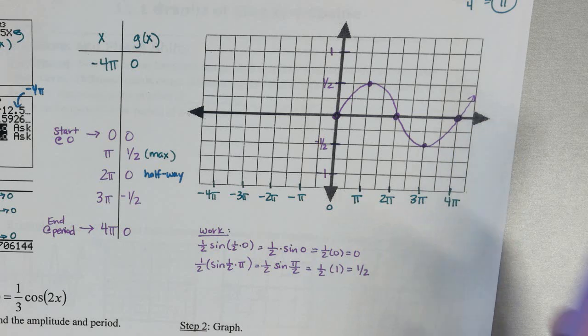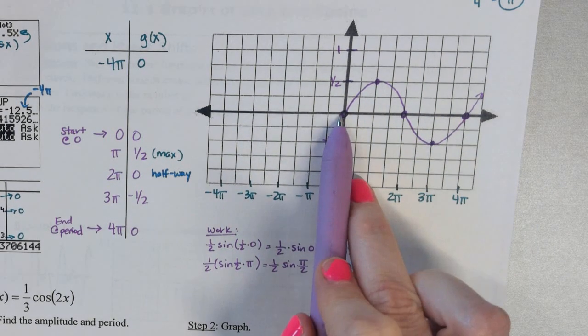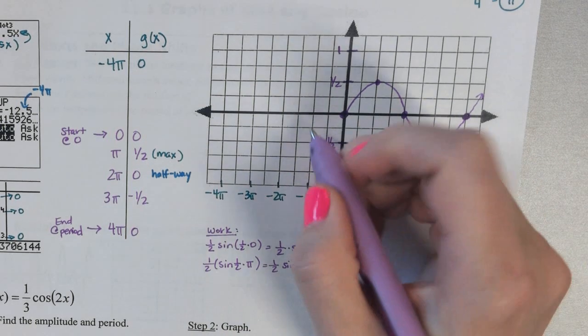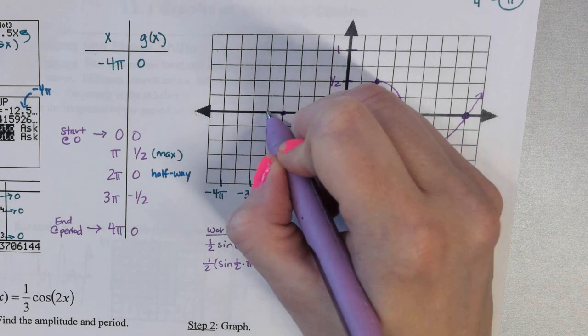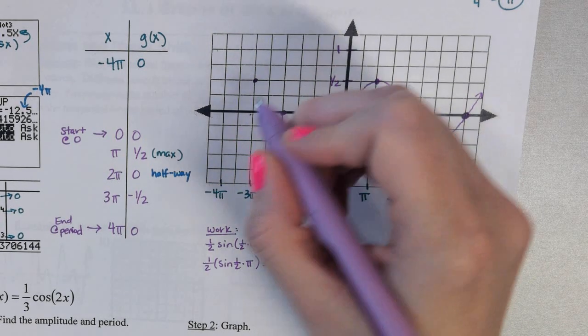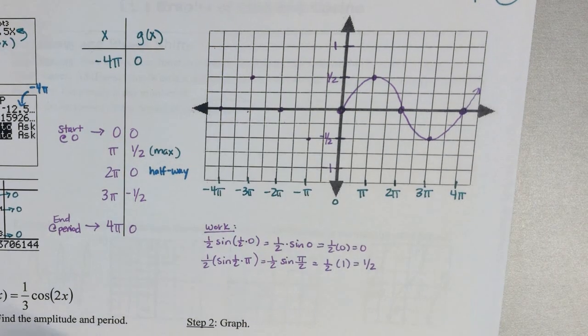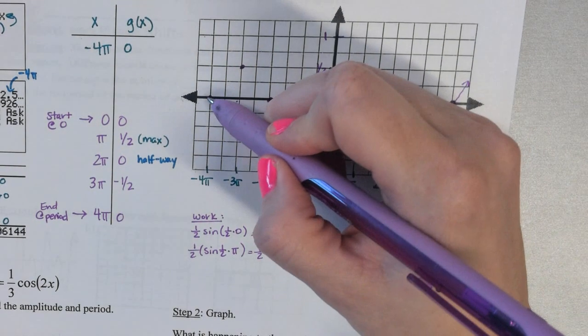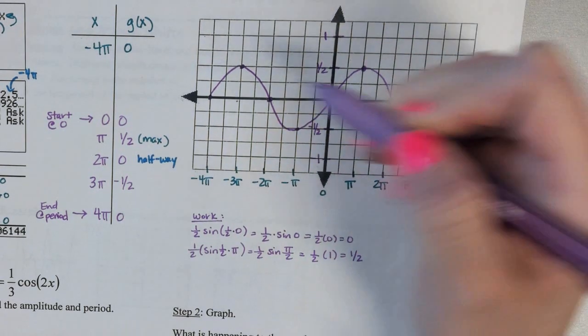At the max. Okay, so if I'm going backwards, I just have to do, I'm at 0, right? So 1, 2, I'm at the min. 1, 2, I'm at 0. 1, 2, I'm at the max. 1, 2, I'm at 0. 1, 2, I'd be at the min. Okay? So it's going to repeat itself and keep doing that.